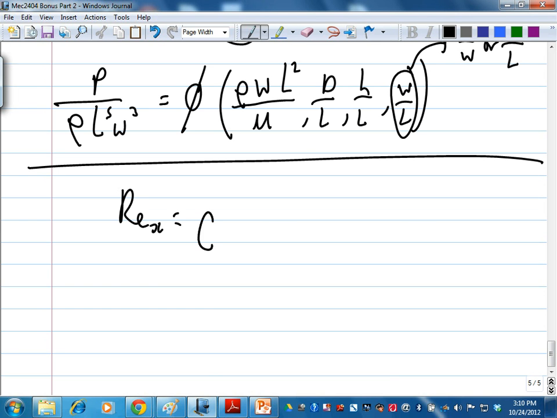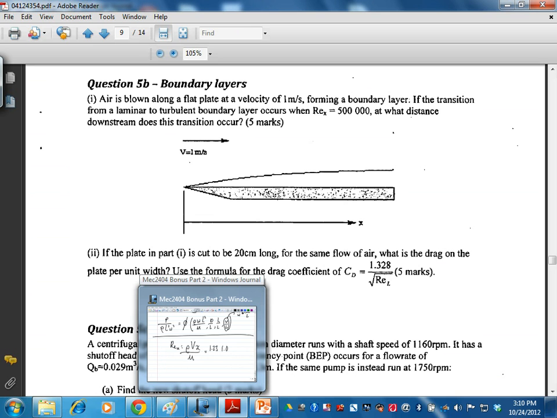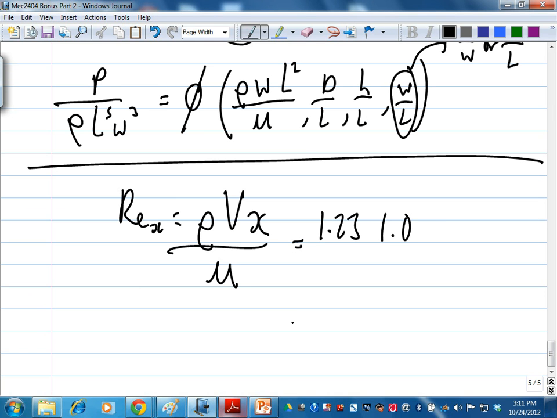Re_x is rho V x over mu. For air, rho is equal to 1.23, V is 1, x is what you want to find, over mu. Mu is 1.8 times 10 to the minus 5 Newton seconds per meter square.